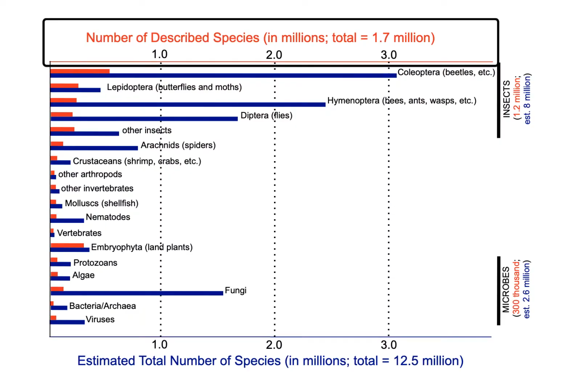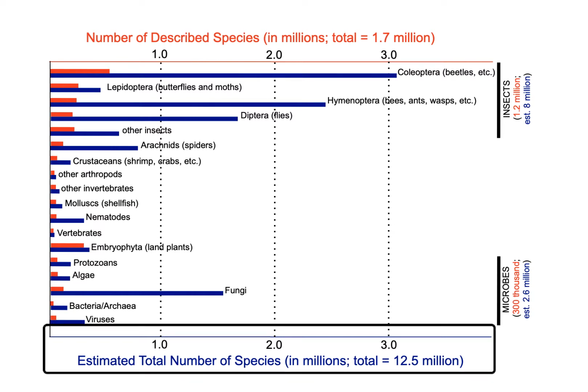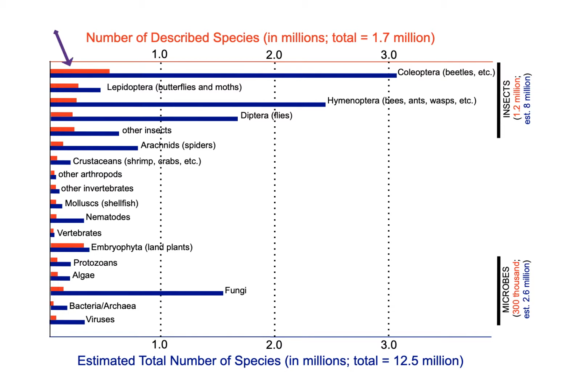Currently, about 1.7 to 1.8 million species have been described by scientists. But estimates are that there are actually about 12.5 to 13 million species existent on the Earth right now. The red bars here indicate the relative abundance of each one of those.